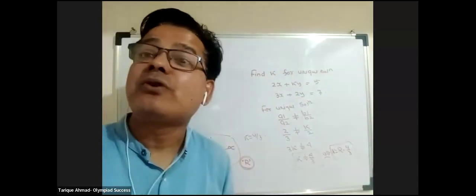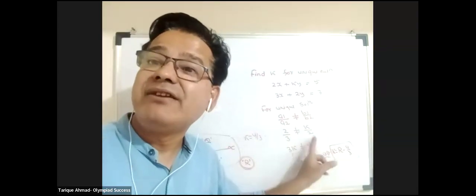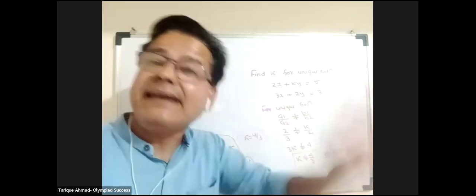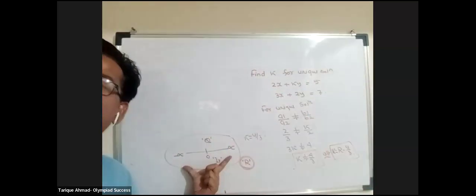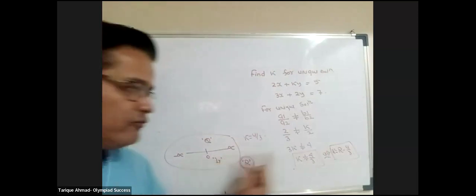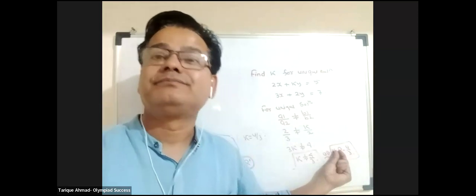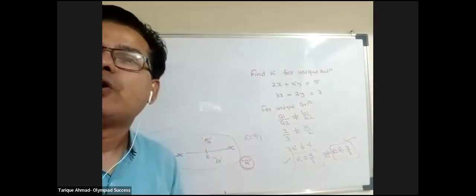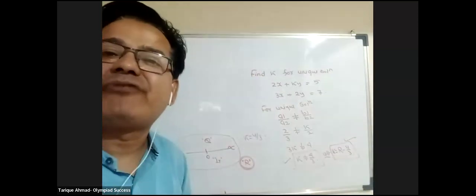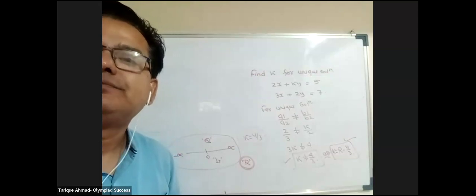We don't have to consider the value 4 by 3. Leaving 4 by 3, we can take any value from the real numbers. So we exclude only 4 by 3 from R. Both the answers are the same, no difference. Only the expression is different. Got it?